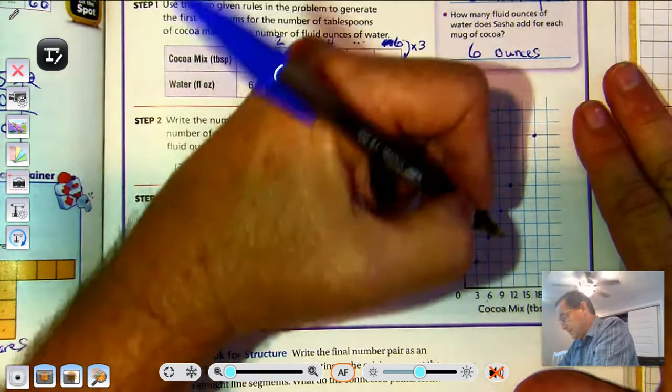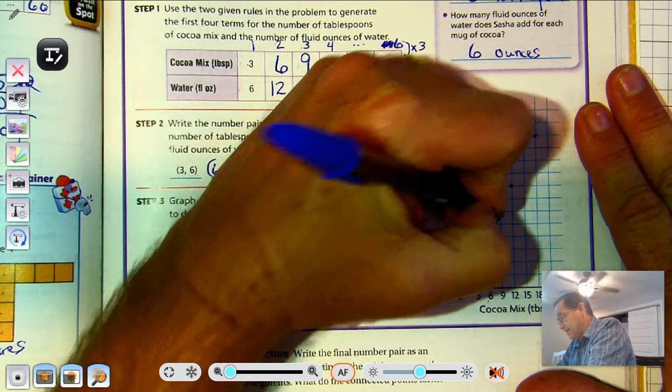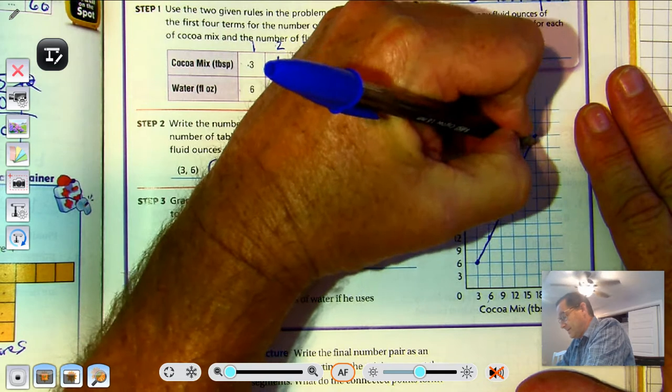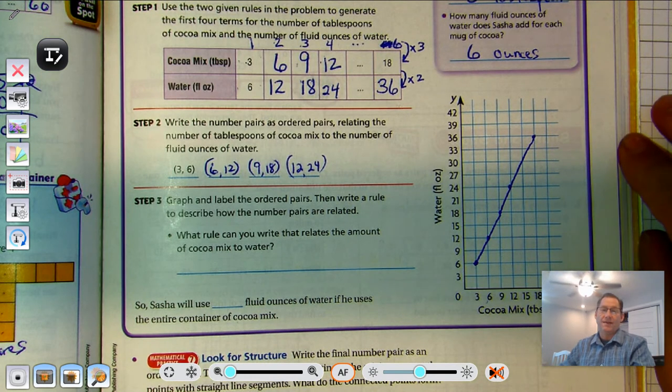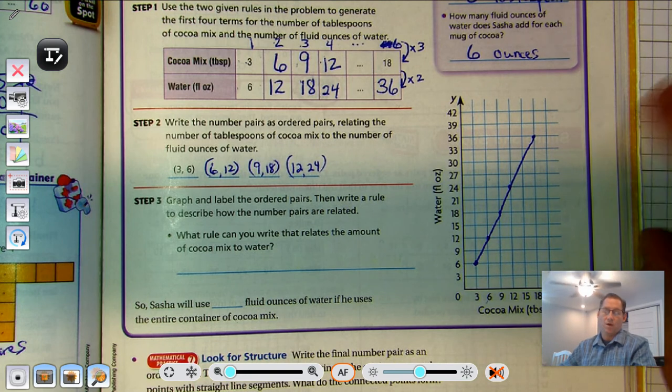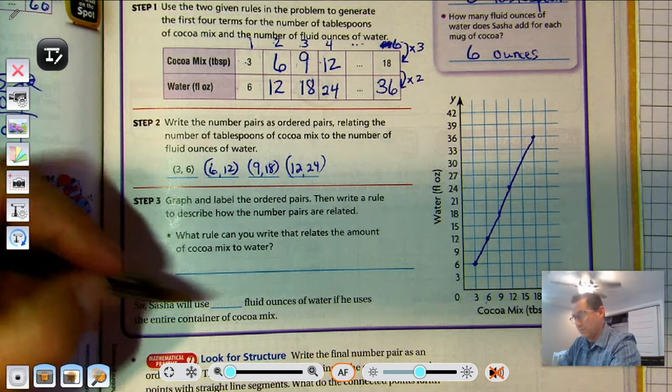And then we can combine these segments and it forms a straight line, right? What rule can you write that relates the amount of cocoa mix to water? So for every 3 tablespoons of cocoa mix, we're going to multiply by 2.